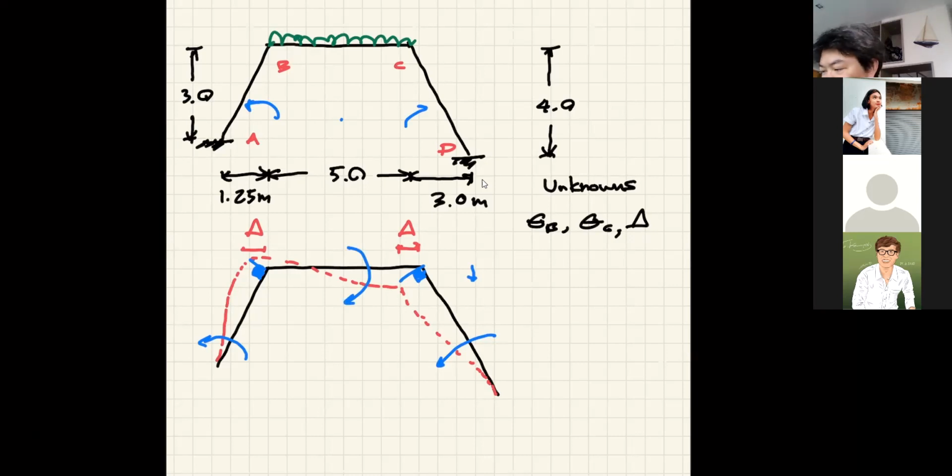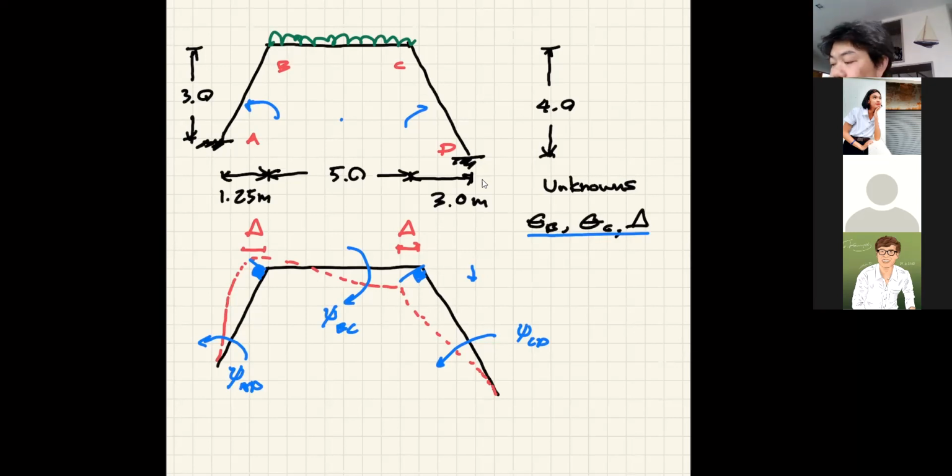So this time, because of, I don't want to say kinky, but it feels that way, member AB will have the psi, member CD will have the psi, and member BC will also have this. Again, we identify the unknowns as 3 in total, and because we have one floor, we have only one delta.